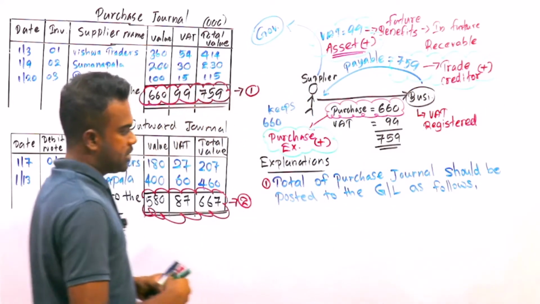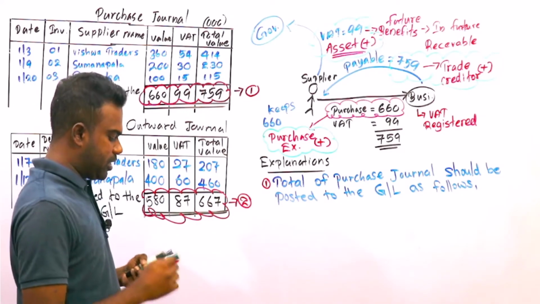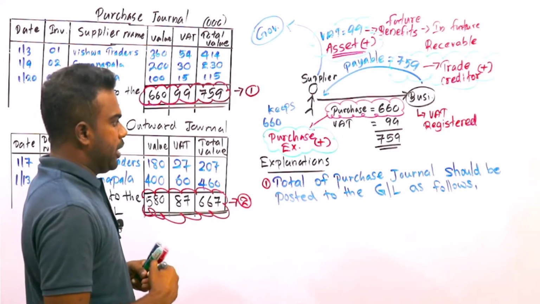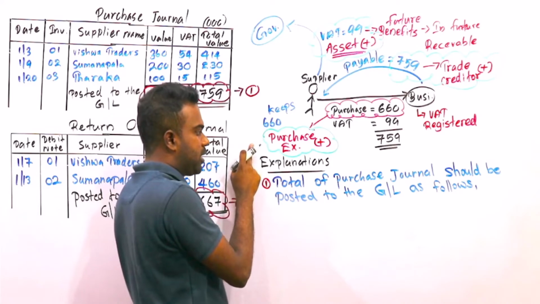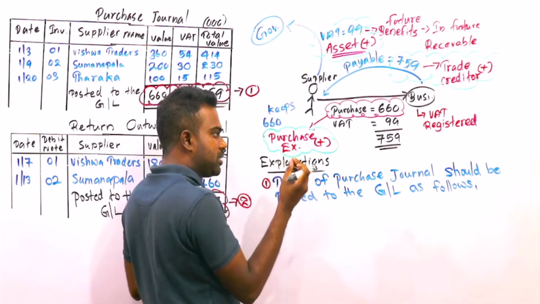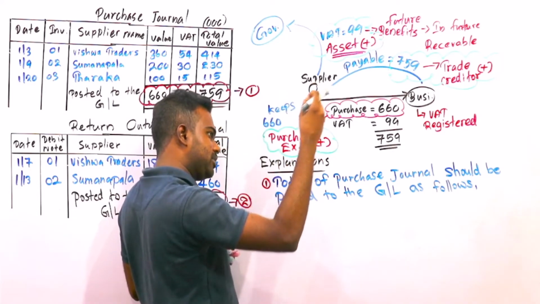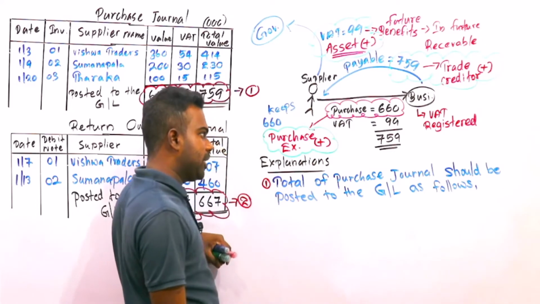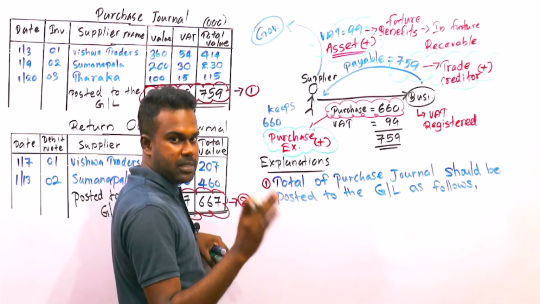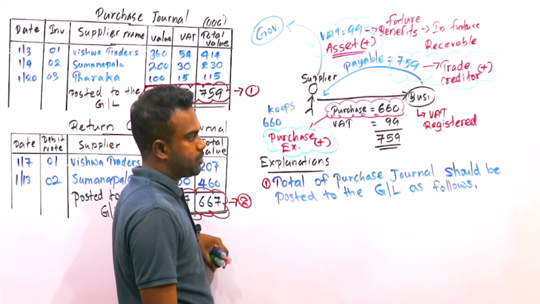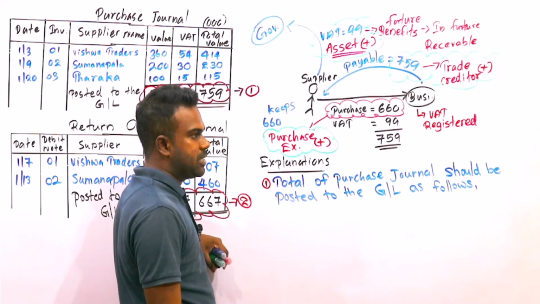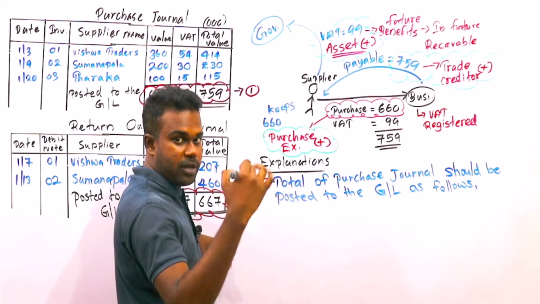Okay, let's create the double entry now. Firstly, let's think: purchase expenses increase, debit or credit? What is the double entry theory? Purchase expenses increase or decrease? Definitely should be debit, no?